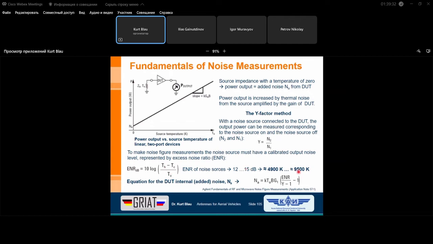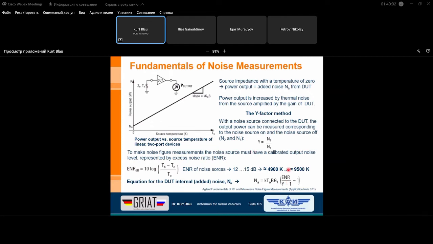Okay, this is the formula rearranged. We look for the output noise power, and the output noise power in the case of our device under test is given, it's clear, by the Boltzmann constant, reference temperature, bandwidth, the gain of our device here, and now we have measured it with the Y method.